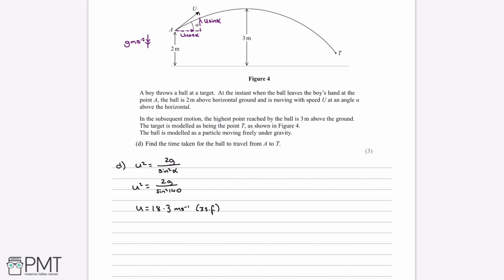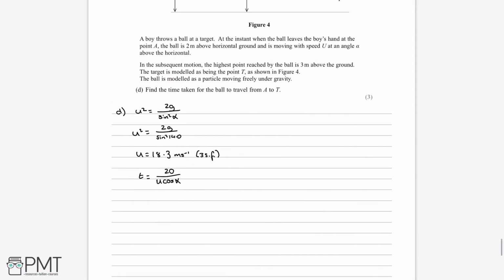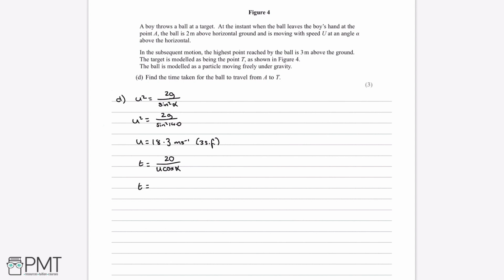So now that we have a value for U, we can use our initial equation, and that equation was T being equal to 20 over U cos alpha, again the one we found in part B. So if we substitute in the values we know, which is U and alpha, T is equal to 20 over 18.3 cos 14.0, and if we solve this in a calculator, we find that T is equal to 1.13 seconds to 3 significant figures.